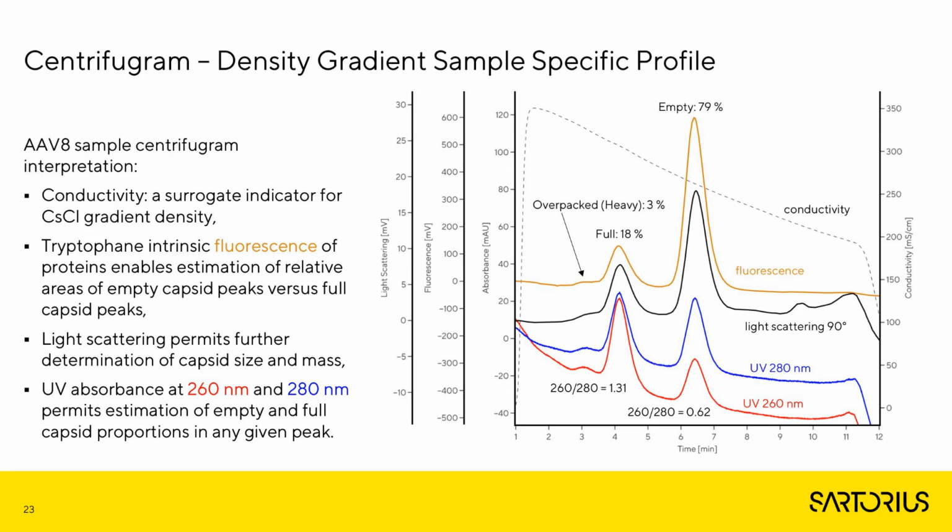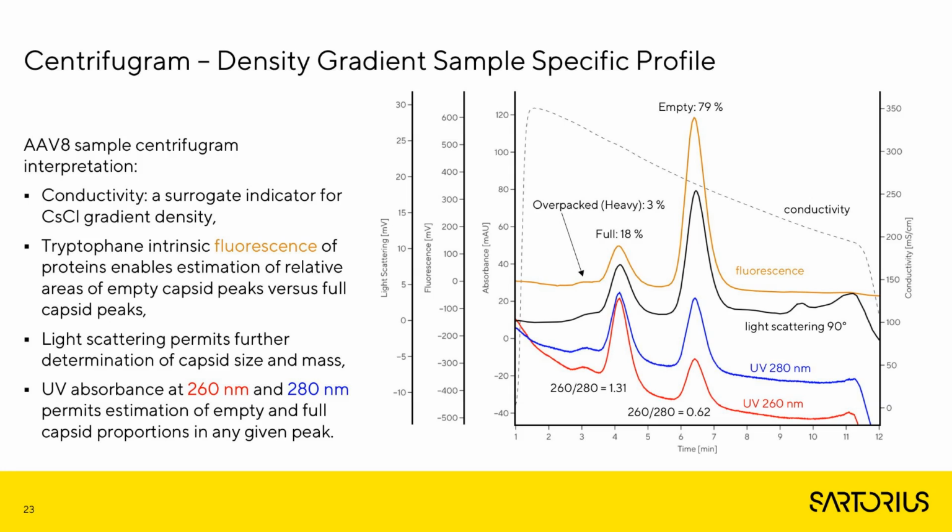Also here, we are measuring different parameters with different detectors. For example, a conductivity monitor is used as a surrogate indicator for cesium chloride gradient density. We measure tryptophan intrinsic fluorescence of proteins, from which we can estimate relative areas of empty peaks and full peaks.